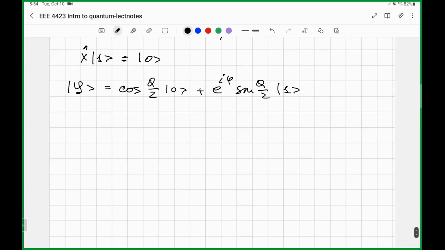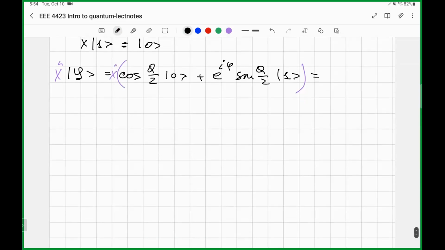Okay, and now I apply this X gate on the left like this. So what happens is that, of course, this cosine and exponential are just constants, right? They're not vectors.